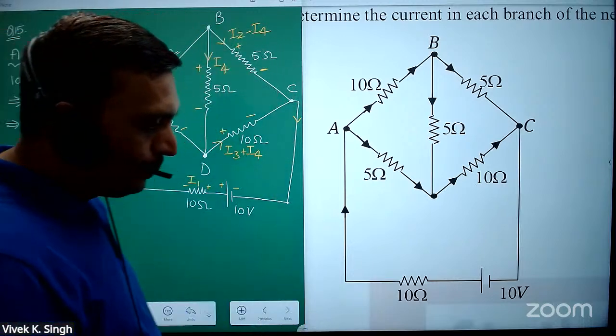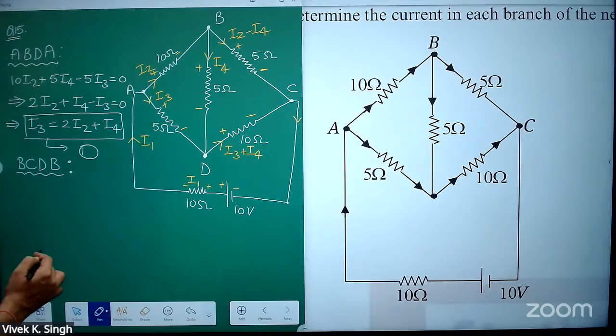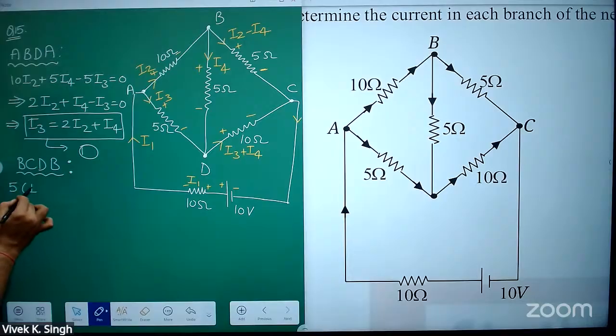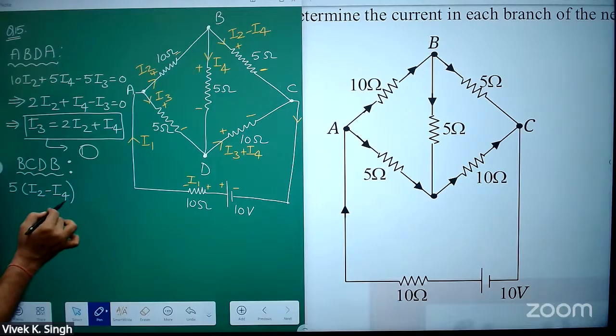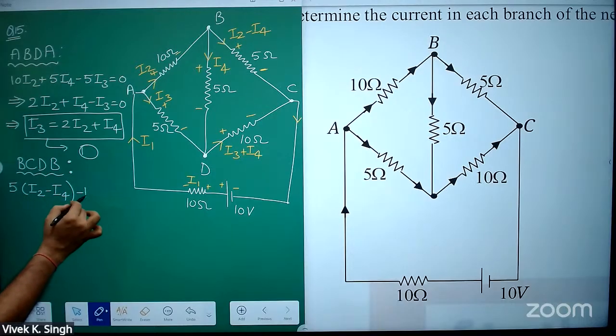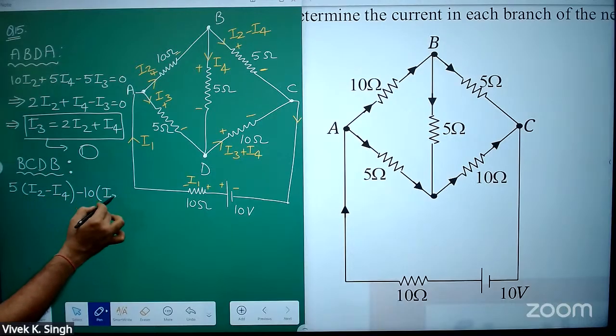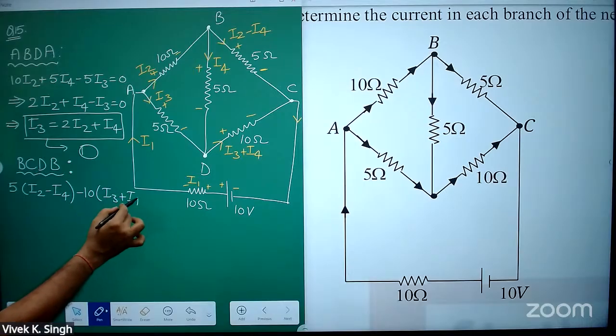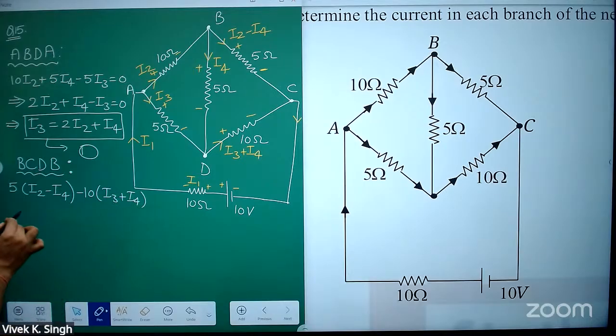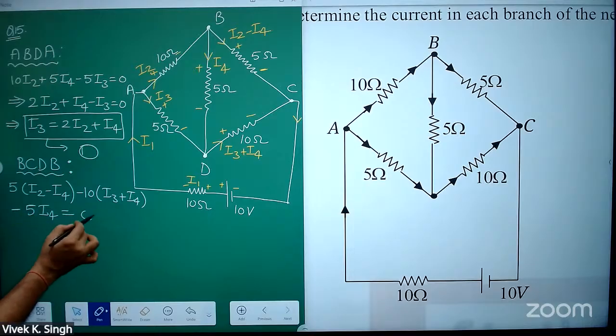So BC is 5, I2 minus I4. And then minus 10, I3 plus I4. And then you have minus 5 I4 is equal to 0.